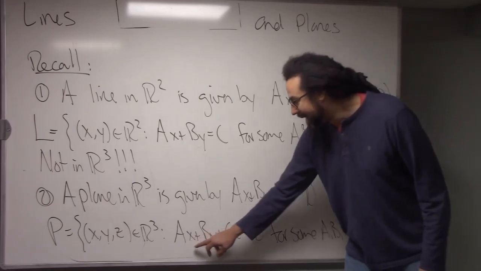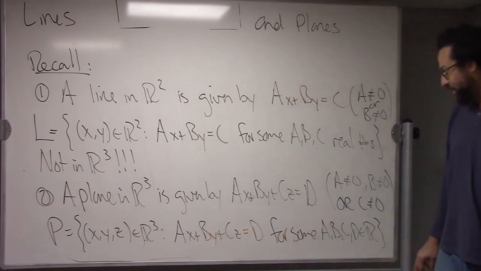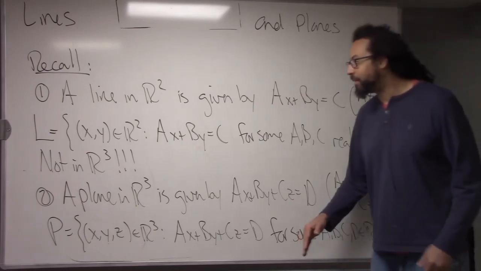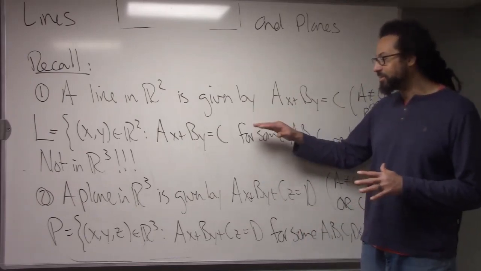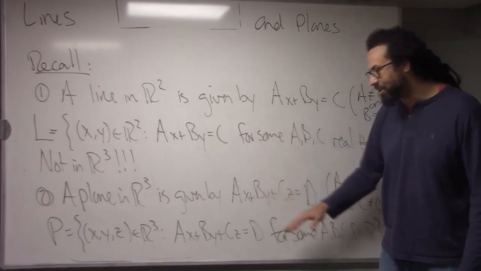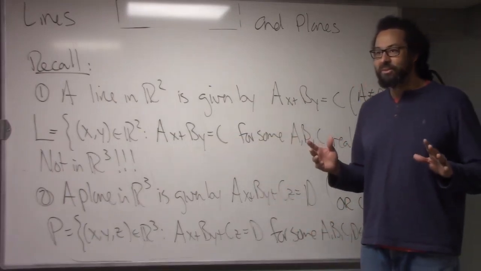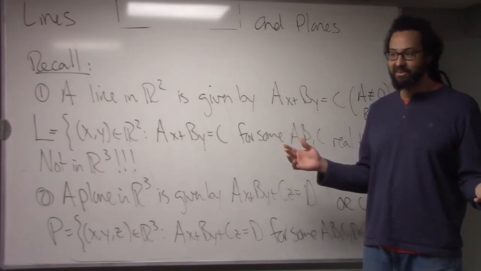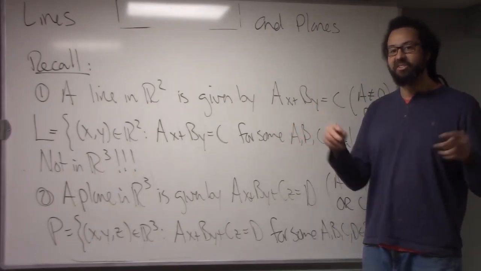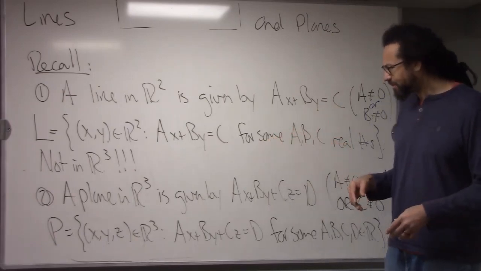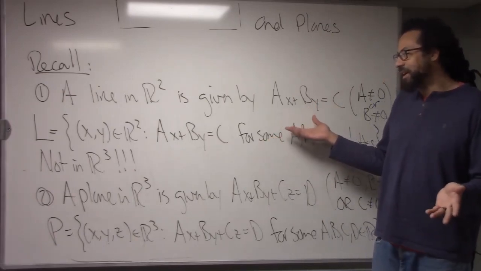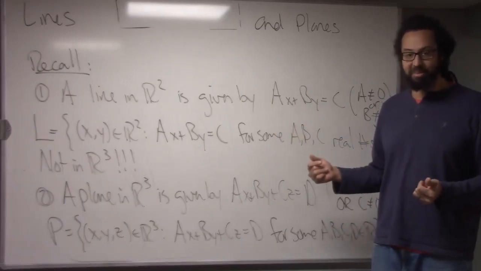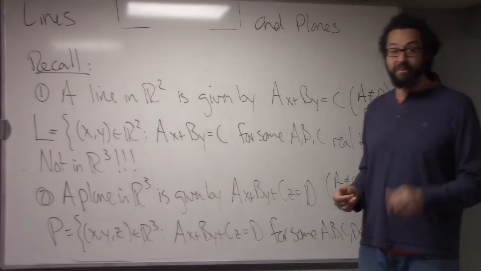Well, ax plus by plus cz is equal to d for some a, b, c, d that live in R. In the next slide, we just want to give a brief account of where these equations come from. Maybe you can't define line or plane in Euclidean geometry, but we'll do our best to give a basic Cartesian geometry definition, just so we have some footing on which to build these other representations for lines and planes using vectors.